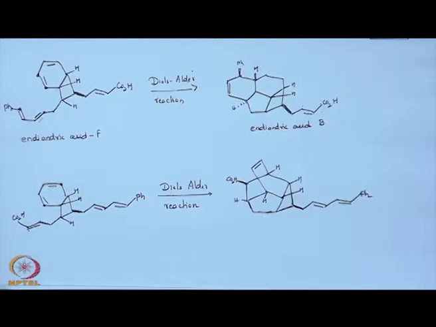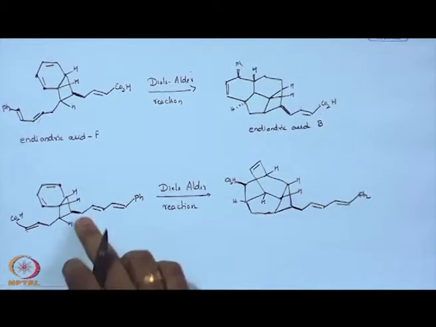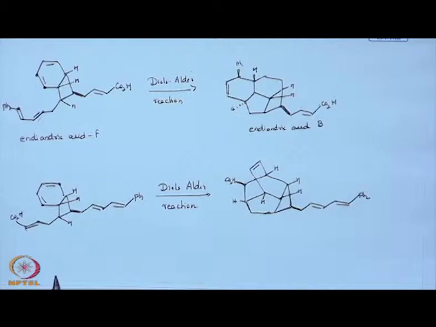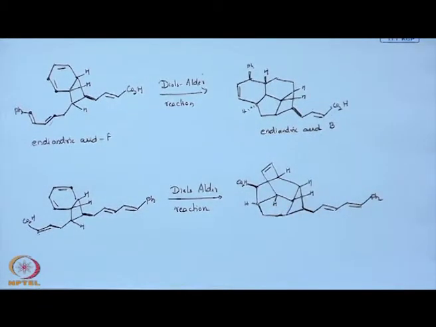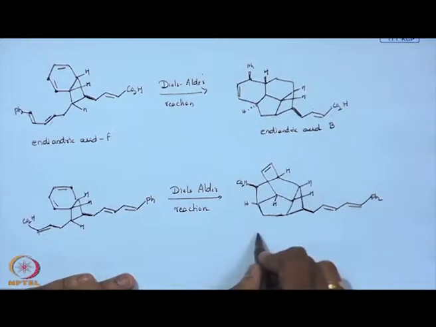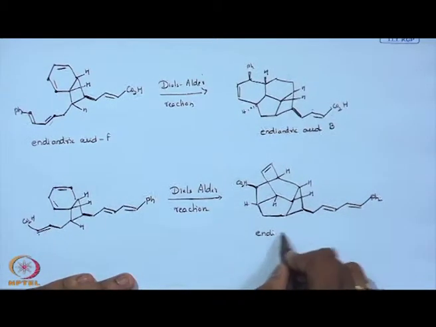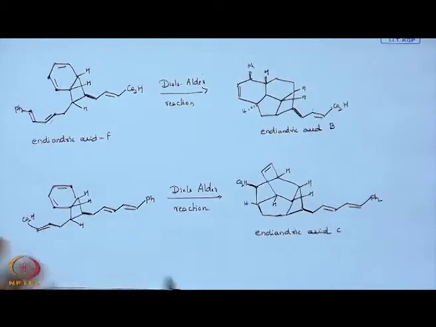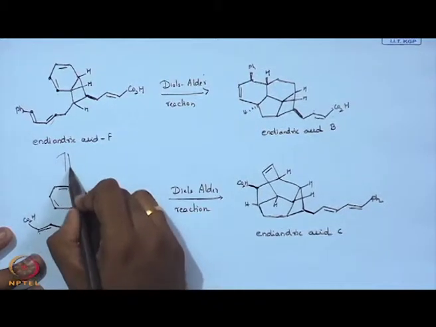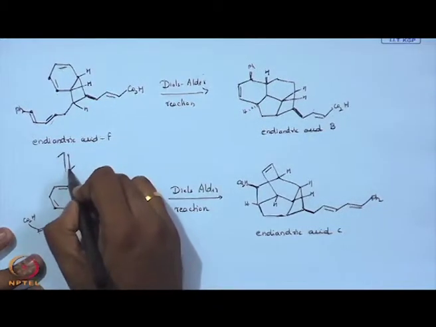Okay, you can draw the structure like this if you want to do the Diels-Alder reaction of this one. Clear? So this is called endric acid C. Again, you can always reverse this part, right?